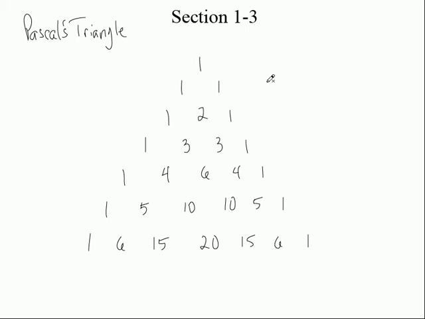What I want to do is talk about the rows. This right here, you'd think it'd be the first row, but they call it row 0. And there's a reason for that. This row right here, we'll call row 1. I'm not going to write the word row every single time.